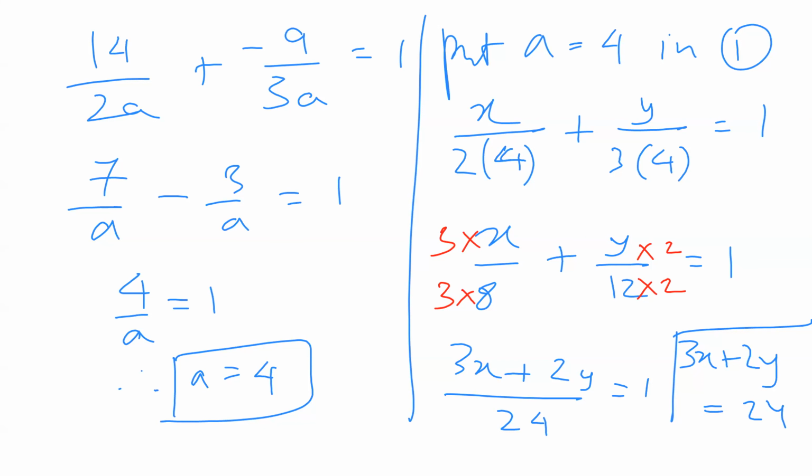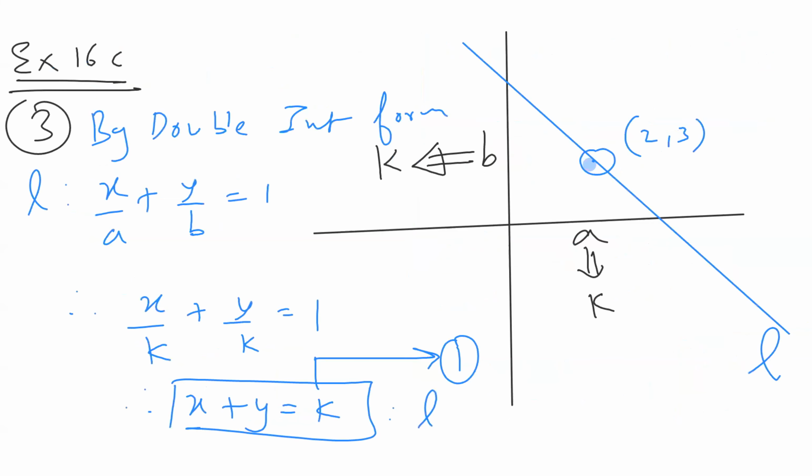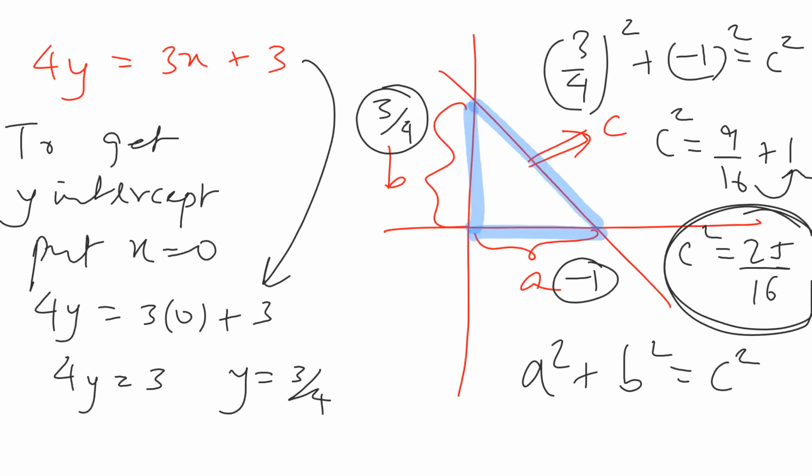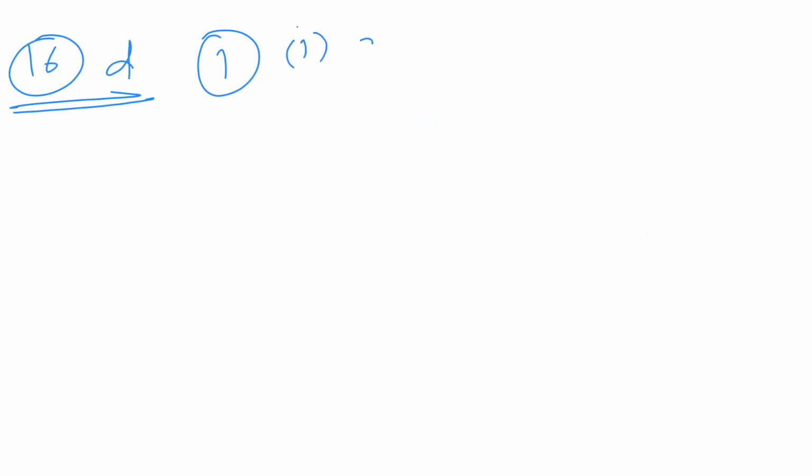Right, so let's go to exercise 16d. Now in 16d, question number 1, they have given the equation of the line 2x plus 3y plus 1 is equal to 0.